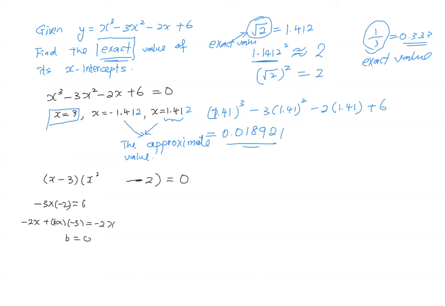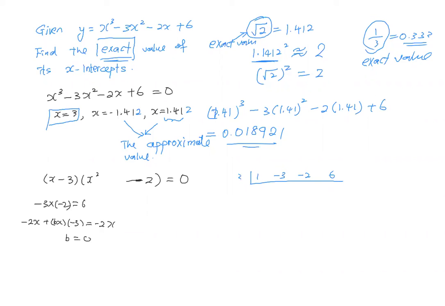So if you want to use synthetic division, I show it to you. Long division, I will not. You need me to show you the long division or not? Okay, so I have 3. Hey, no, I'm wrong. Yeah, 1, -3, -2, 6.